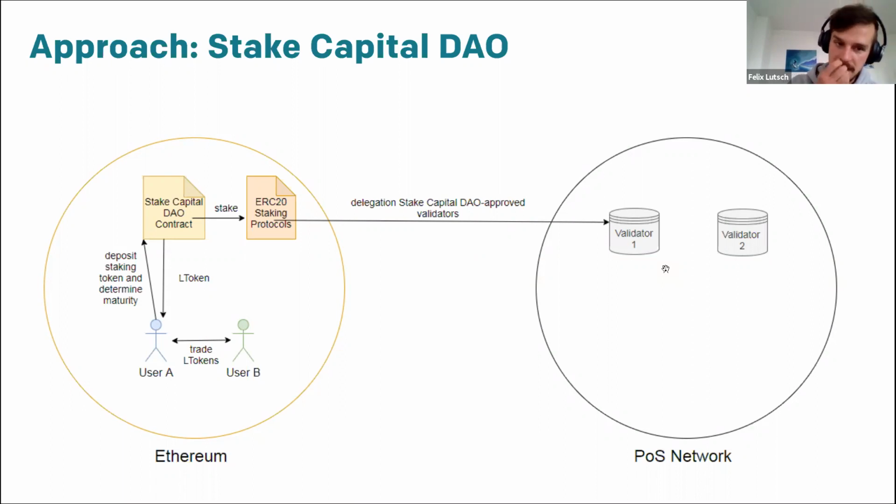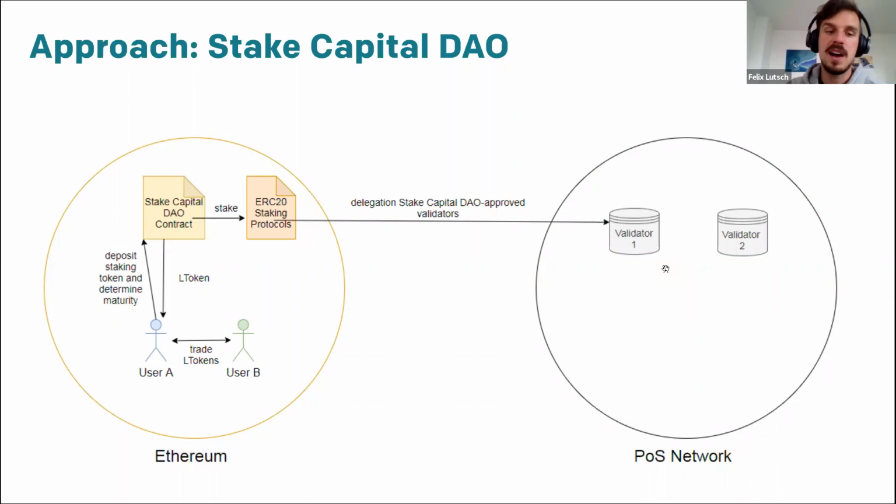So essentially Stake Capital is a DAO on Ethereum that pools assets with its users and then stakes at this point only with ERC20 staking protocols. So that's NuCypher, Livepeer, maybe potentially Matic and some of these other scaling solutions that are using Ethereum for their staking logic.